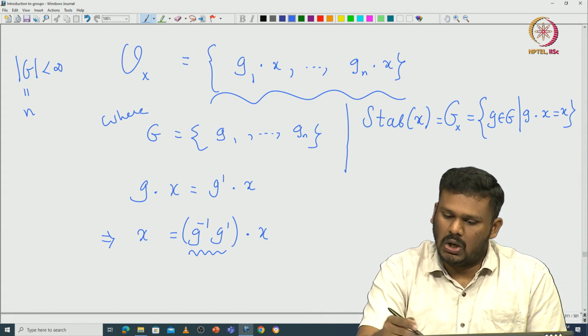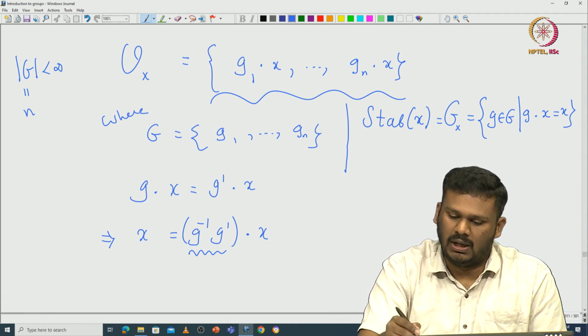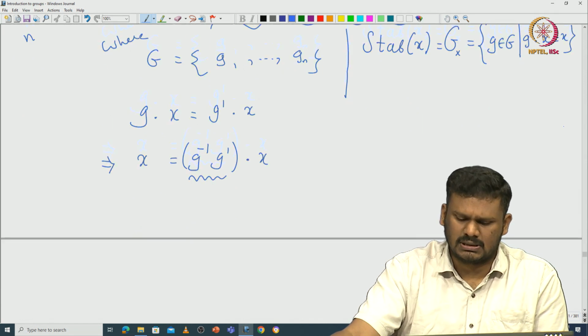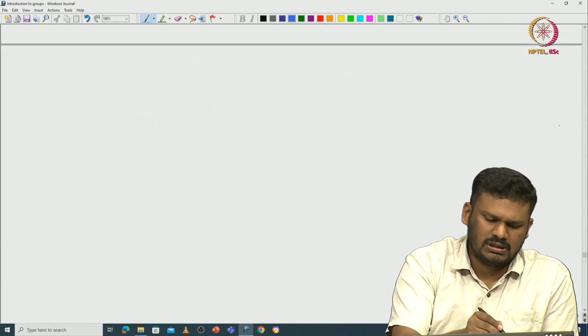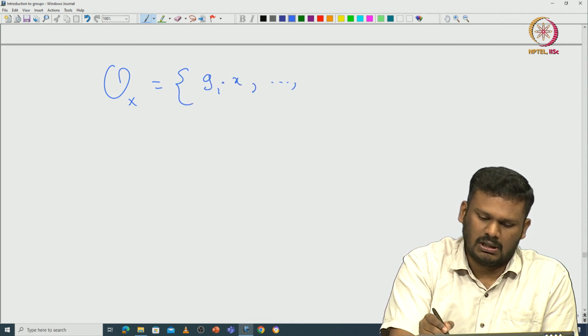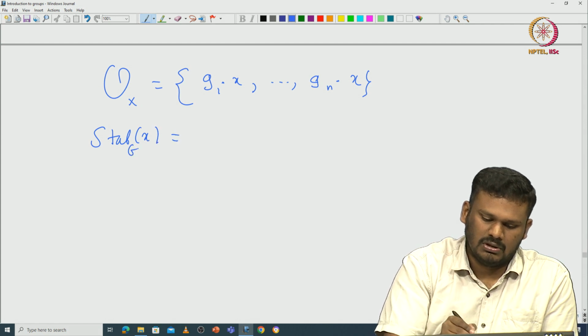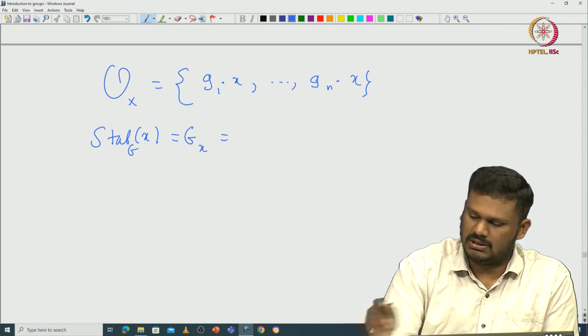So, definitely all these elements of capital G, let us say this is some Gi1. Let me read it here. So, this is the overcounting, which is G1 dot x, etc., Gn dot x. Now we have defined this stabilizer of x, which is Gx.